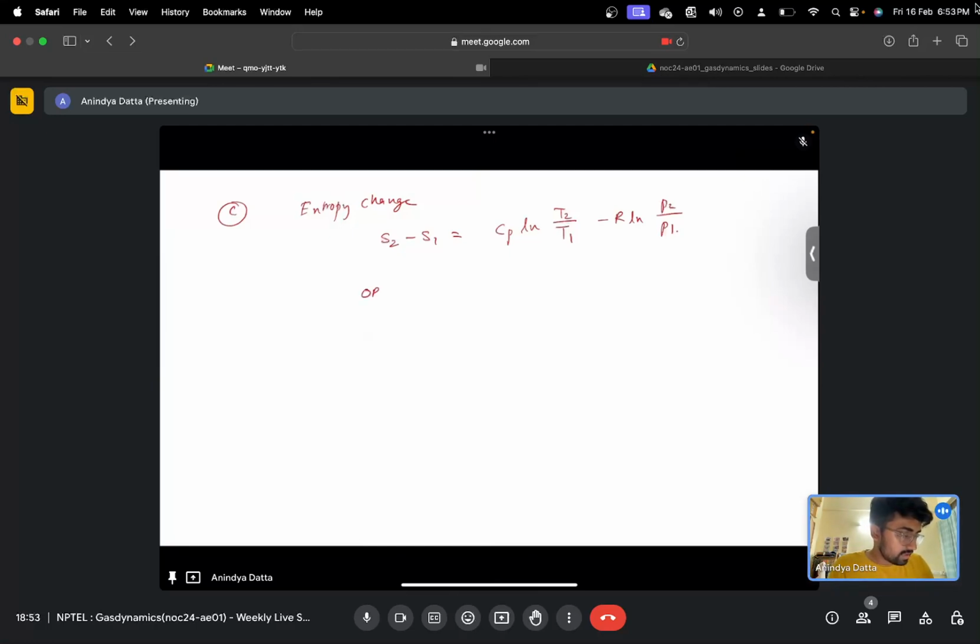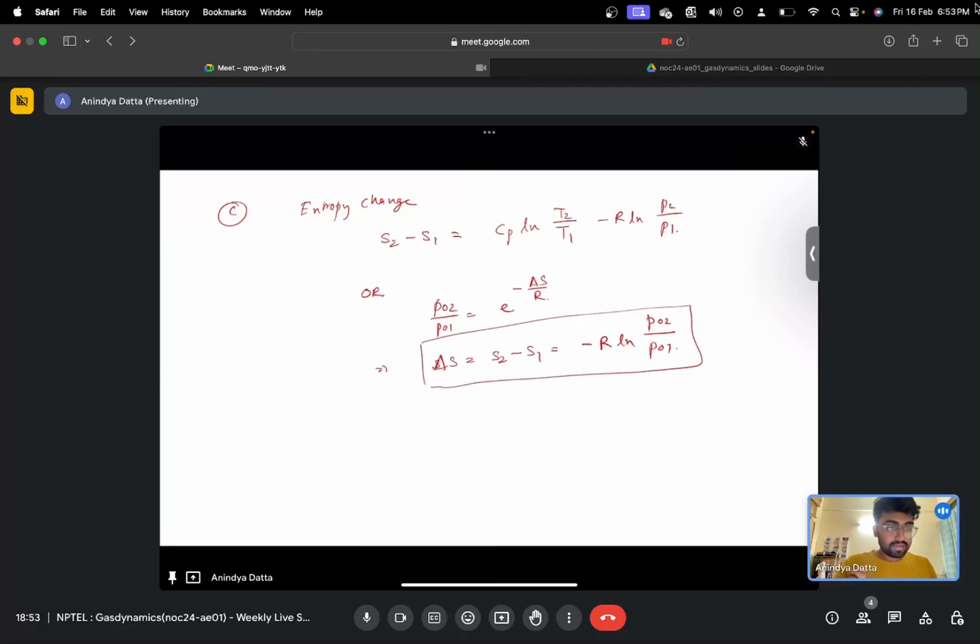Another formula you can use is that we know P02 by P01 is equal to e to the power minus delta S by R. So from that, delta S, or S2 minus S1, is equal to minus R ln P02 by P01. This is a better formula to use in these cases, because it saves computation time compared to the other one.